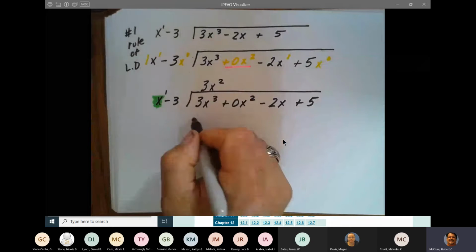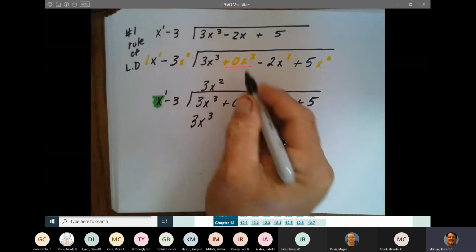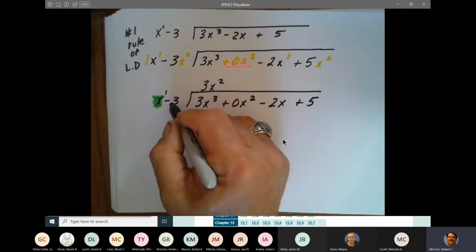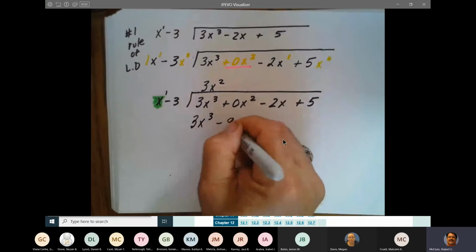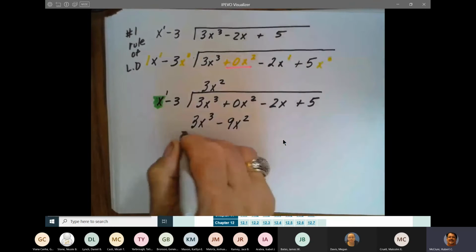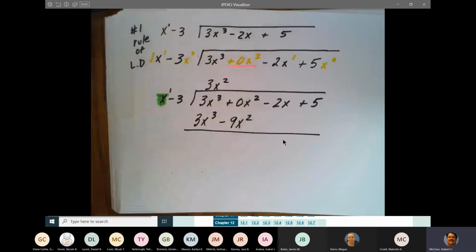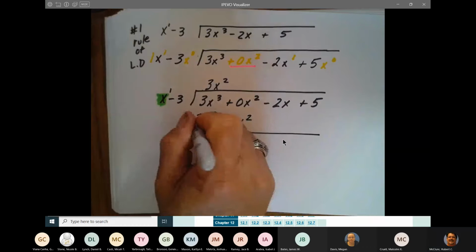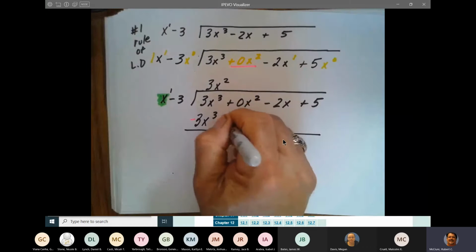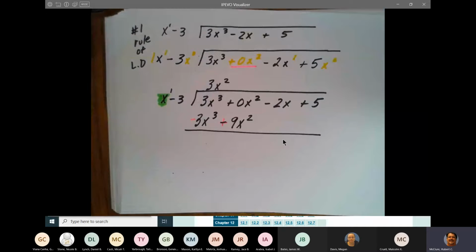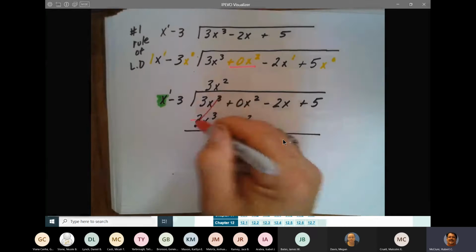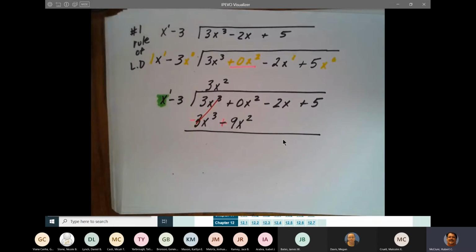So I multiply, that'd be 3x to the third, and then 3 times negative 3 is negative 9x squared. And what do we always do? We always subtract, which would make this a negative and make this a positive. And of course, what's supposed to happen on the left side? That's supposed to go out. And 0 plus 9 is 9x squared.